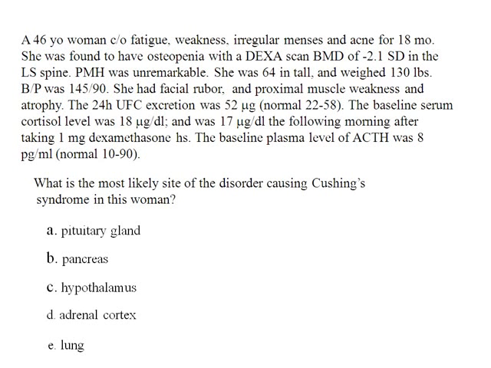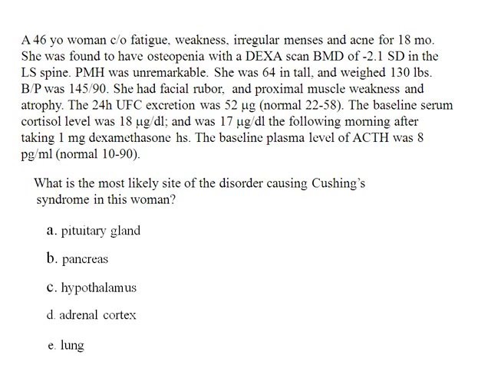So, a 46-year-old woman with fatigue, weakness, irregular menses, and acne for 18 months was found to have osteopenia on a DEXA scan in the LS spine, and her PMH was unremarkable. She was 64 inches tall and weighed 130 pounds, and she had facial rubor, paroxysmal muscle weakness, hypertension, and muscle atrophy.